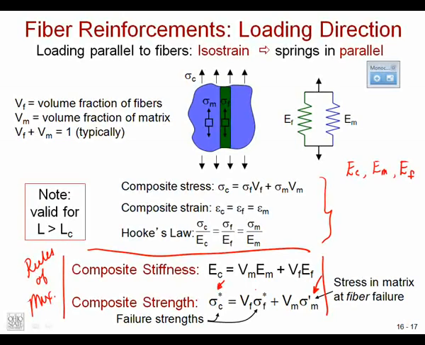This is the failure strength of the fiber. Okay, so these stars mean they're the actual properties of the material. So the failure strength of the composite is the volume fraction of the fiber times the strength of the fiber.